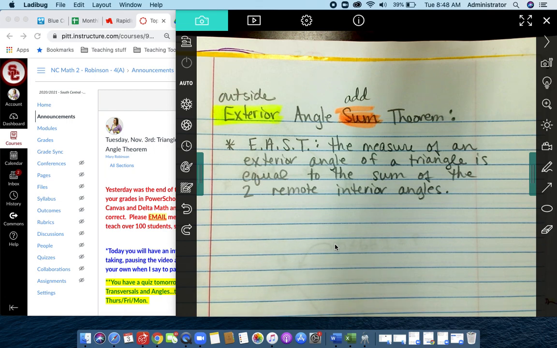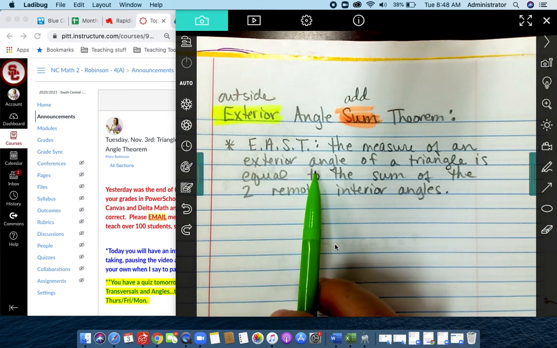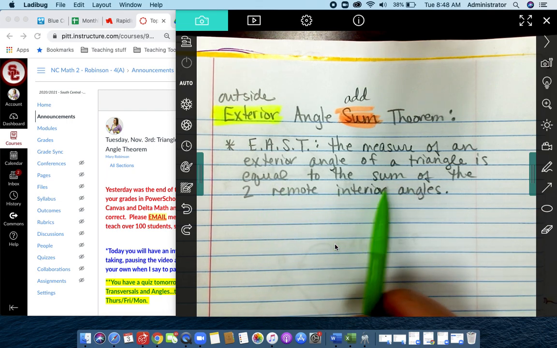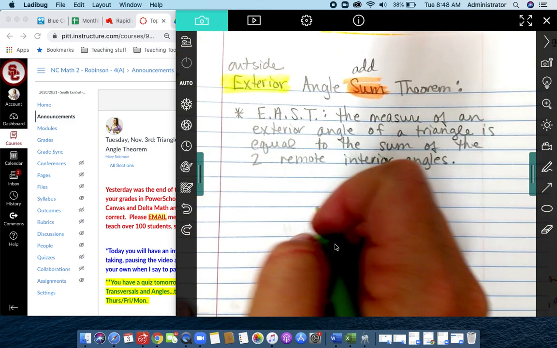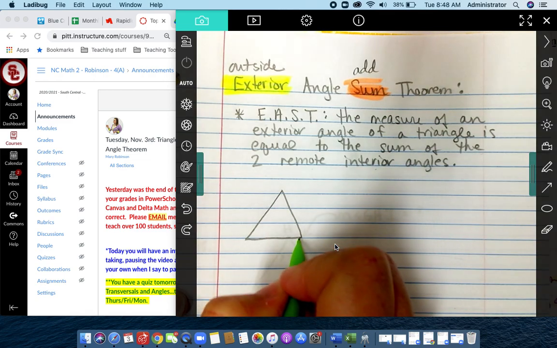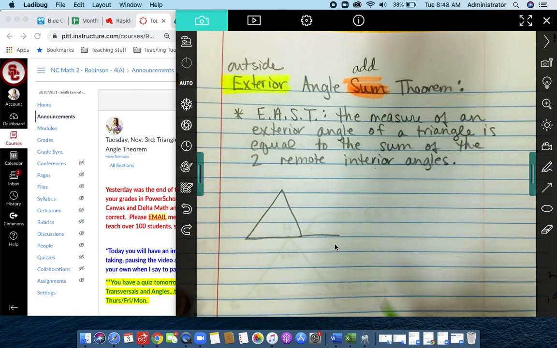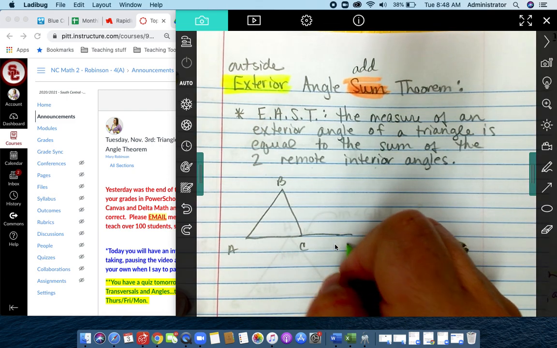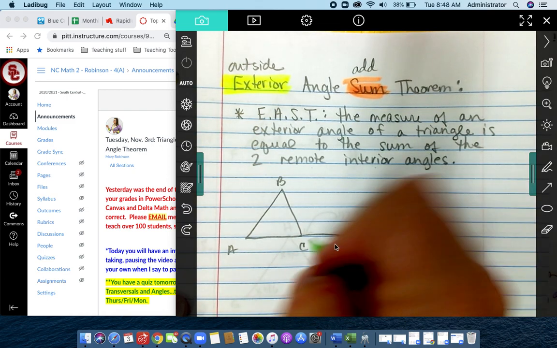The EAST theorem says that the measure of an exterior angle of a triangle is equal to the sum of the two remote interior angles. We need to talk about what that is. So if I draw a triangle and I extend one of the sides, let's say I call this triangle A, B, C, and I call this D out here.